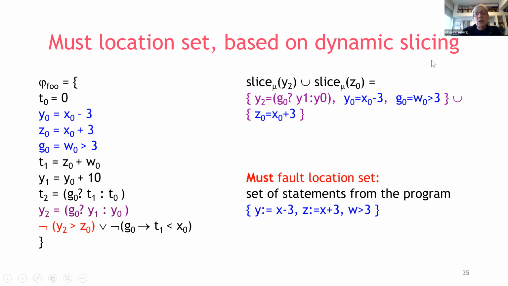So here it is, the set of statements that influence the value of Y2 are those, and the set of statements that influence Z0 are those, and now we map them back to the original statements of the program, the non-indexed, and then we get the fault localization set. This is the set of statements that cause this assertion to be false.